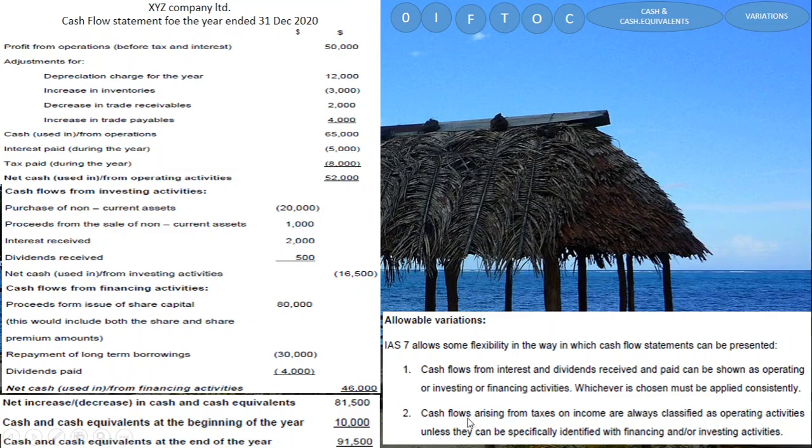Cash flow arising from taxes on income is always classified in operating activities unless it can be specifically identified with financing or investing activities. So the tax paid and interest paid you can put in operating activities under normal situations, unless the question mentions that it is an investing or financing activity.